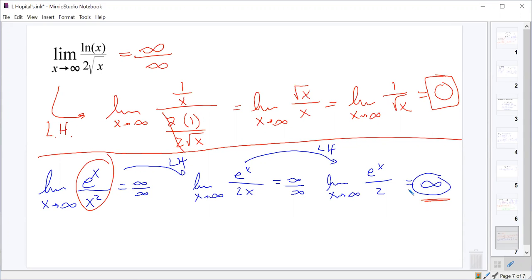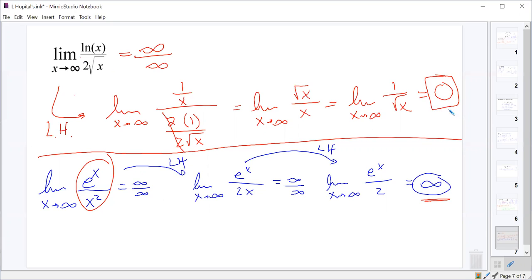We got infinity. Which of these increases more quickly, natural log or square root? The square root increases more quickly than the natural log function.